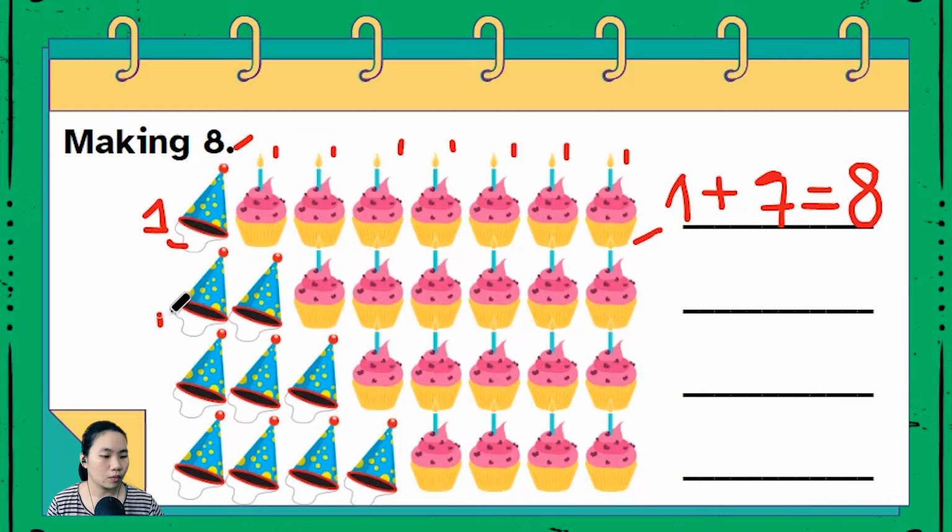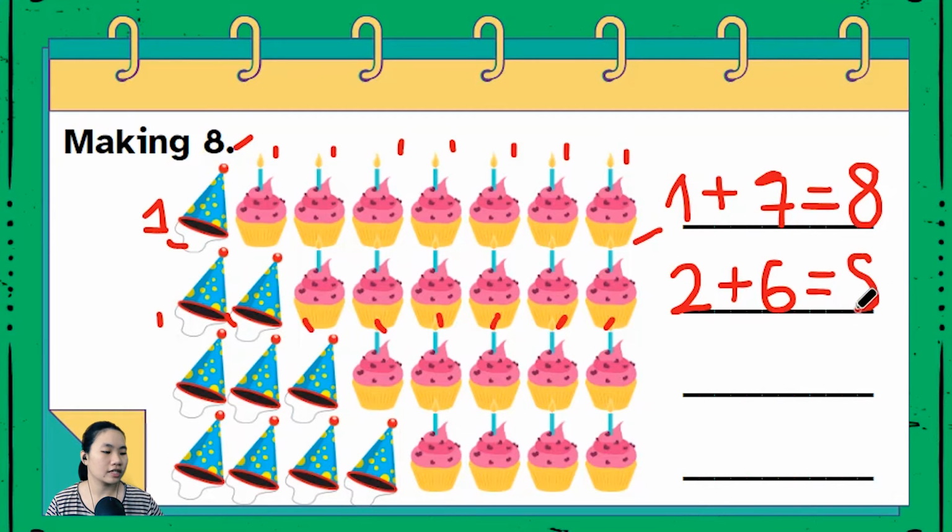Next up, 1, 2. 2 hats plus, don't forget the plus sign. 1, 2, 3, 4, 5, 6. Okay, 2 plus 6. What is 2 plus 6? 8. We have 8 once again.